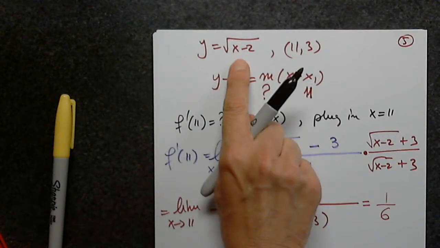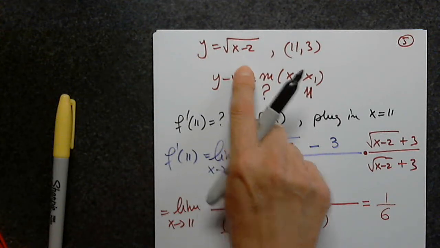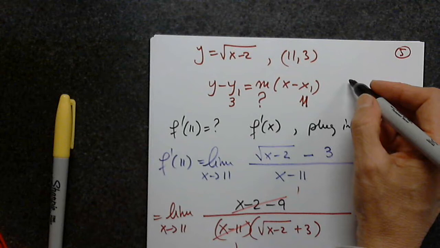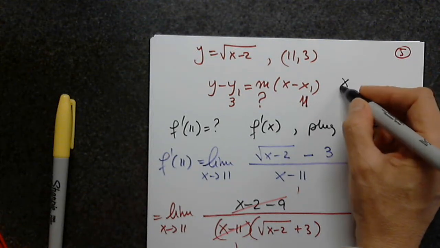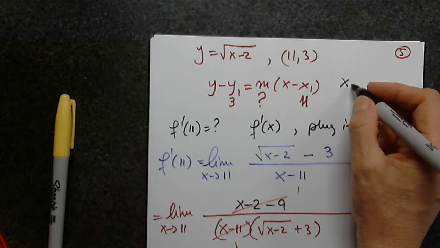What is the domain of the square root of x minus 2? Let's write the inequality first for everyone to see. No one likes the square root.